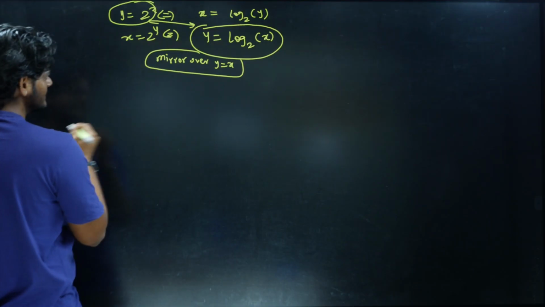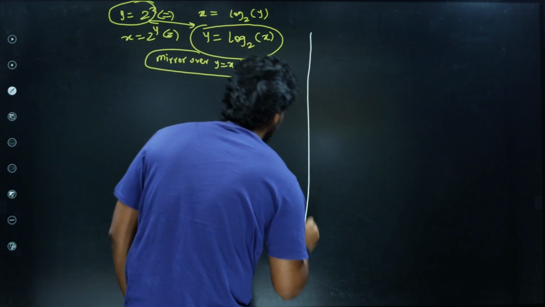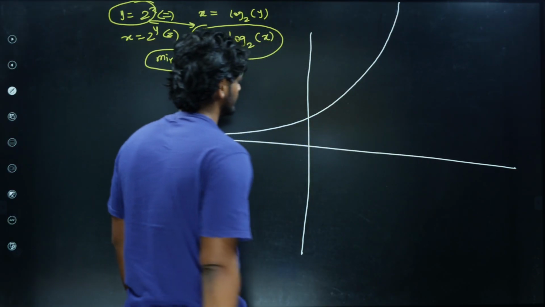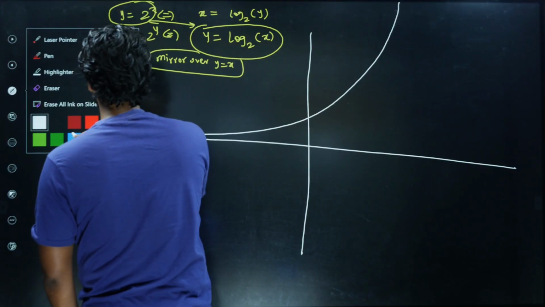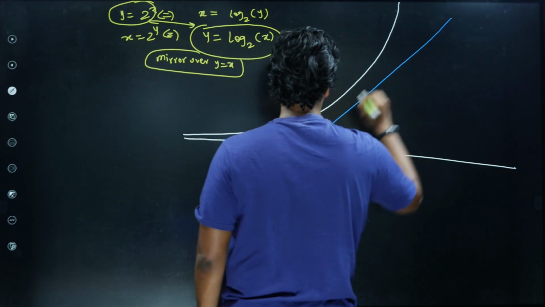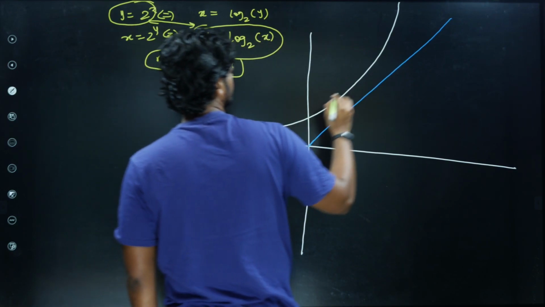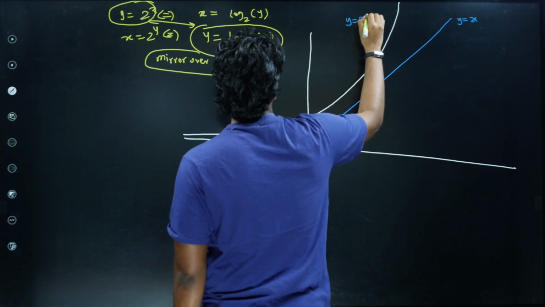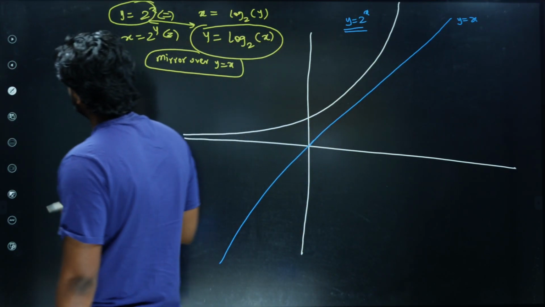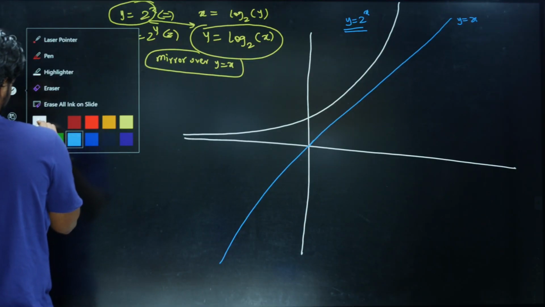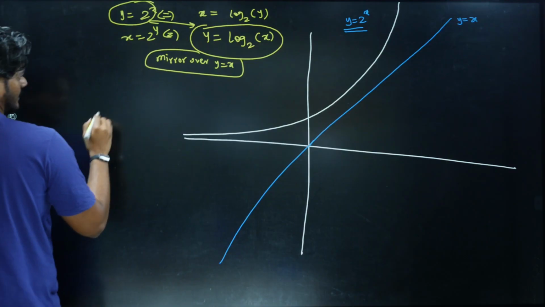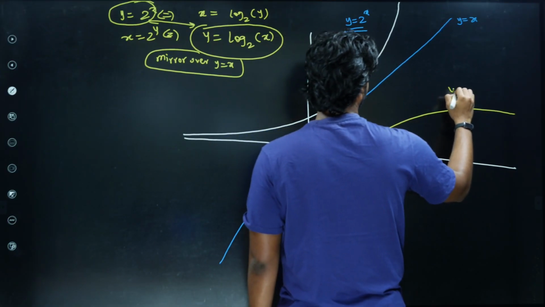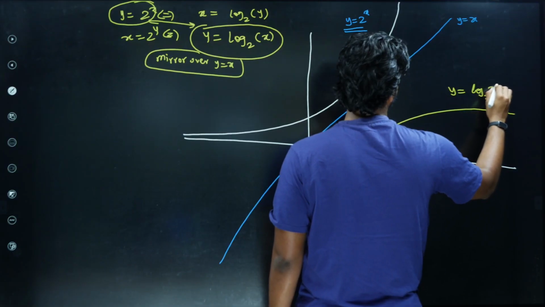Okay, so we'll see how that is so. If I look at the graph of both, the exponential goes like this, and I'll draw y equal to x in blue. This is y equal to x. This is y equal to 2 power x, let's say. And in yellow, this is the graph of y equal to log base 2 of x.